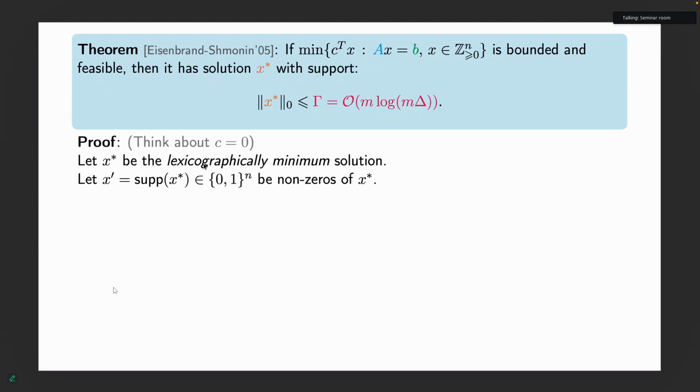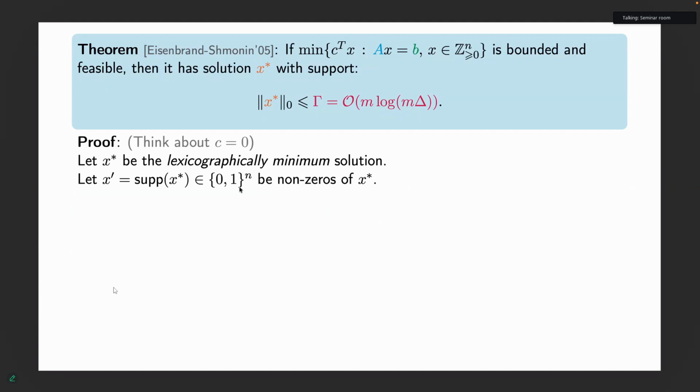So consider the lexicographically minimum solution. There exists a solution, so there is some order, and you can select any order actually, and let this x star be the lexicographically minimum solution. And let's just look at the support of this x star. So these are the non-zero entries.